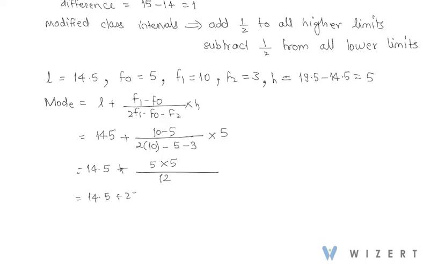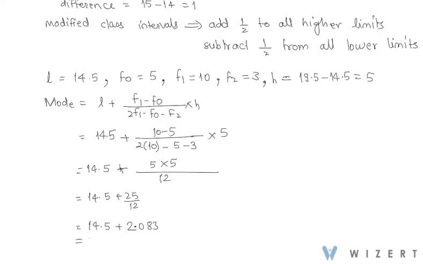So that is equal to 14.5 plus 25 by 12. 12 twos are 24, 1 remains, decimal point, 0. Again we take one more 0, so 12 zeros are 12, 12 eights are 96, 4 remains, 12 threes are... we'll take only 3 digits after decimal point.